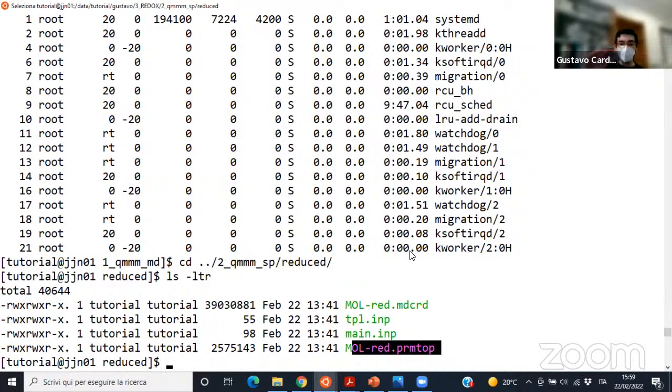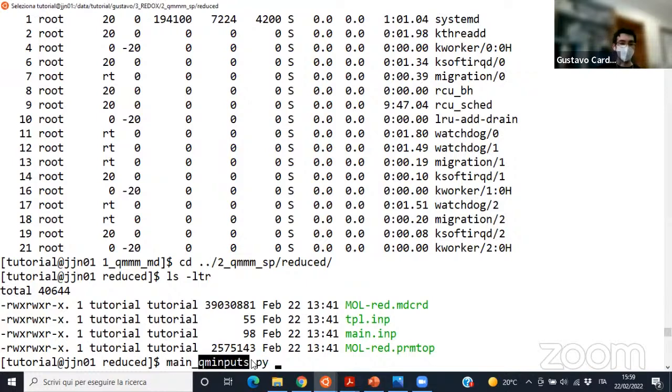Here we will use mobile tools. If you have installed them correctly, the best way to know whether you have them or not is to execute the main script, which is called qm inputs.py.